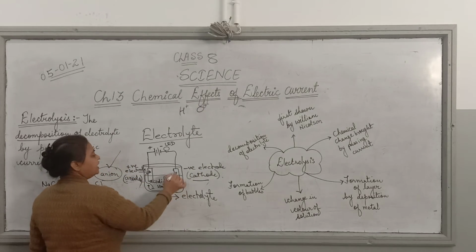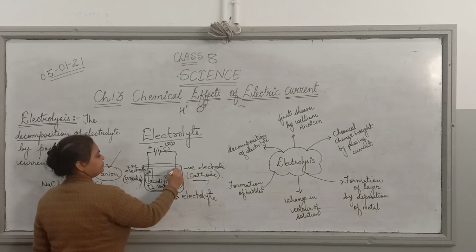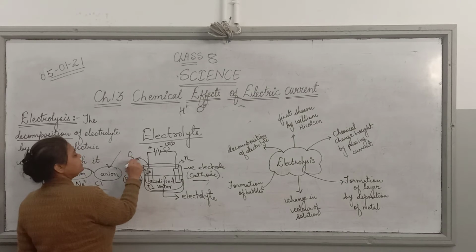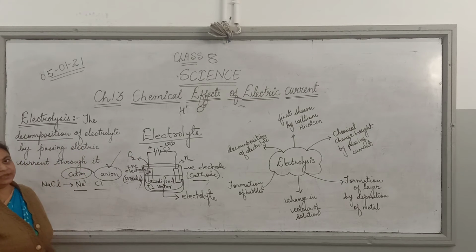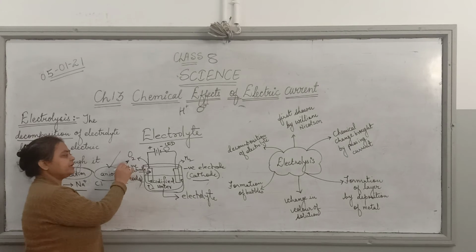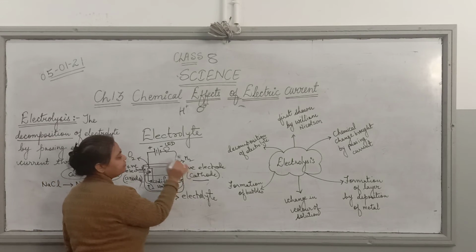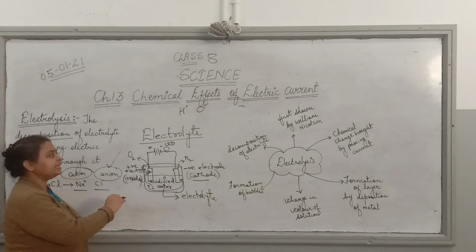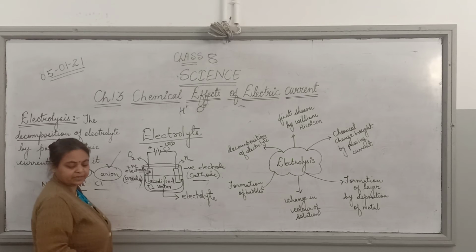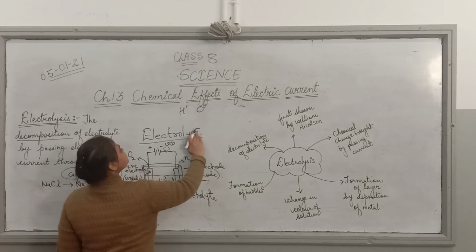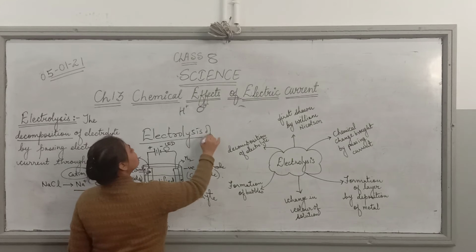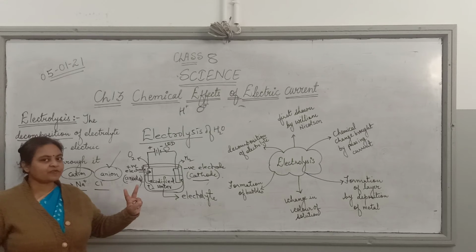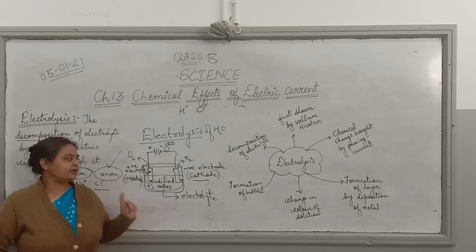So, hydrogen gas will be released at the cathode and oxygen gas will be evolved at the positive electrode, the anode. Right? So, this is electrolysis of water. In this we are getting two chemicals, hydrogen and oxygen.